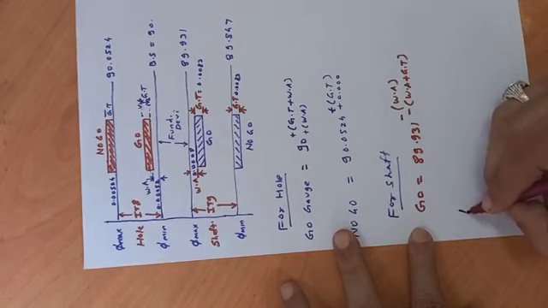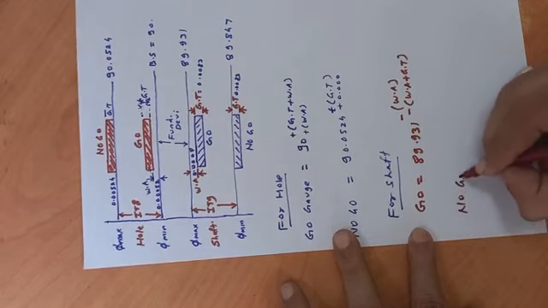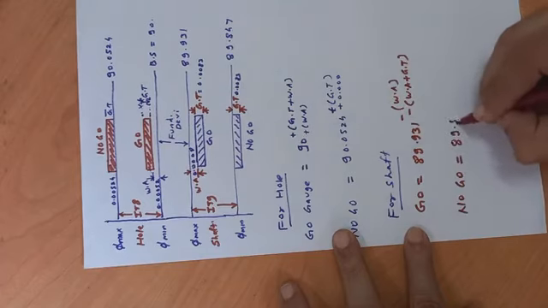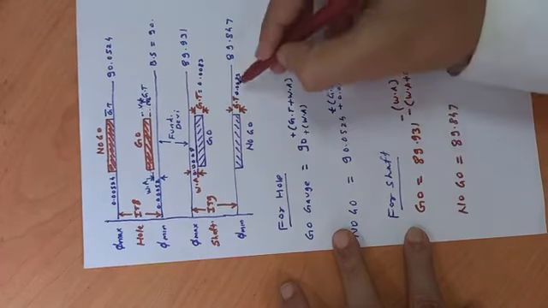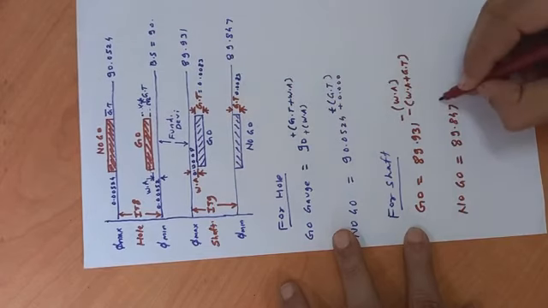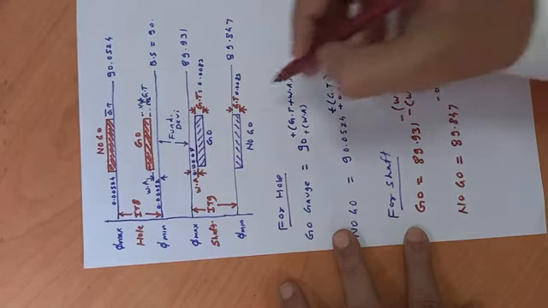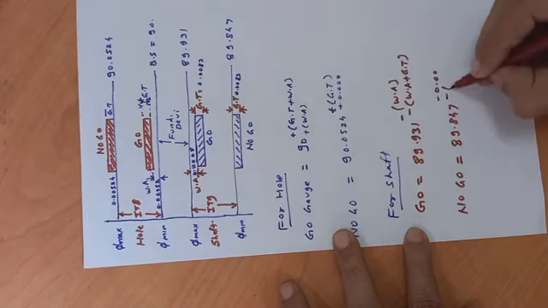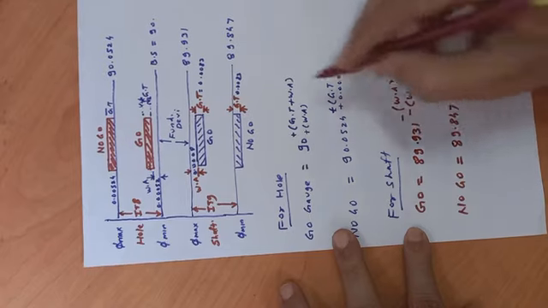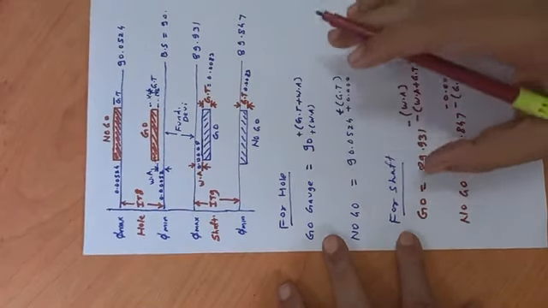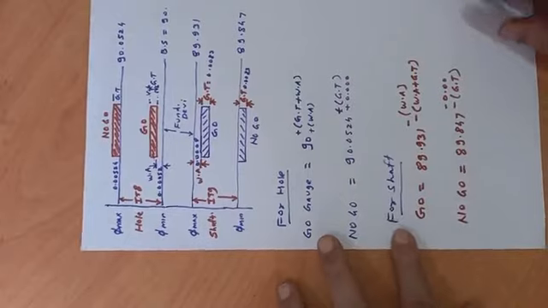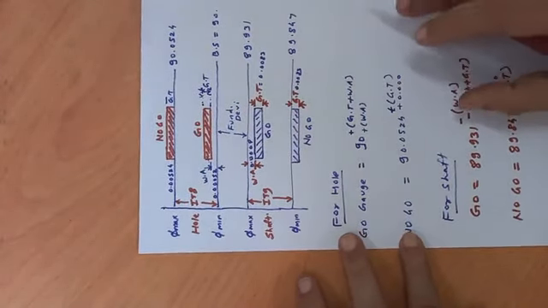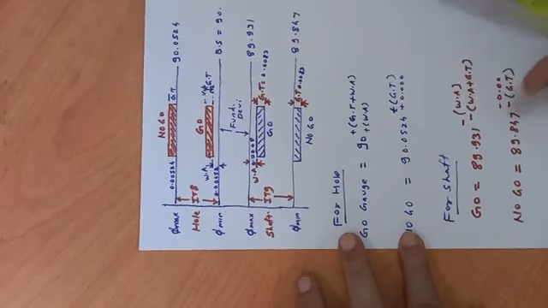And for no go gauge, the value is 89.847. So we have to reduce the gauge tolerance. So put the values here and you can get the answer. So this is how you can design the go and no go gauges for checking hole and shaft pair.